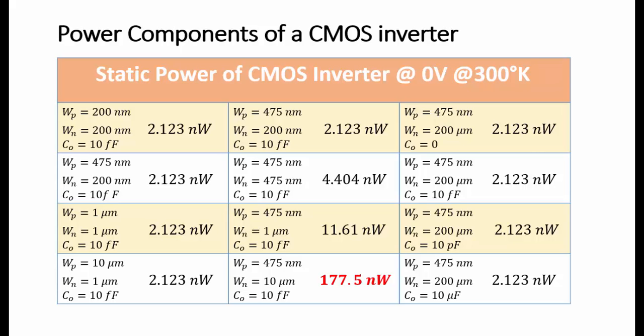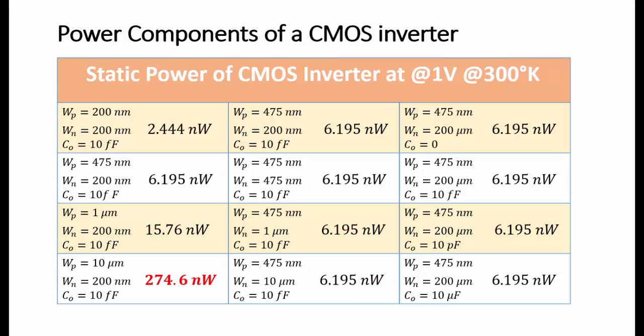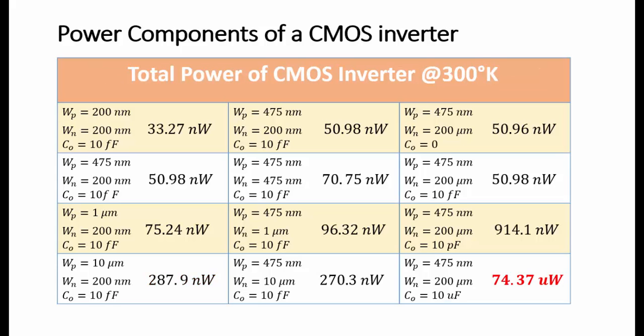From the results, we can see that the static power depends on Wn when the input is low and depends on Wp when the input is high, while total power depends on the load capacitance, and it gives us results of microwatt when increasing it to be more than 10 picofarad.